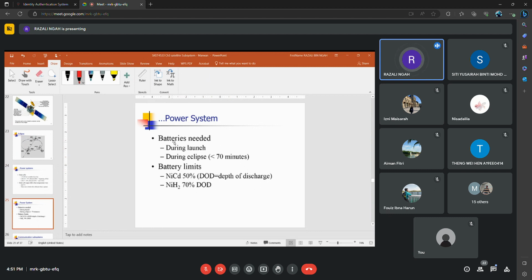We require a battery, as I mentioned, during eclipse and also during launching. Because during launching, we need to communicate with the satellite, but at that time the solar panel has not been deployed yet. So we need to have a battery.